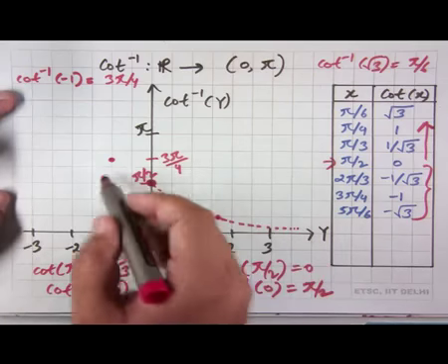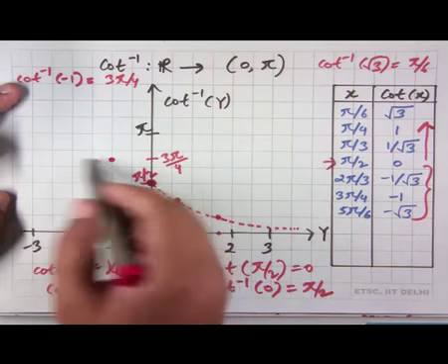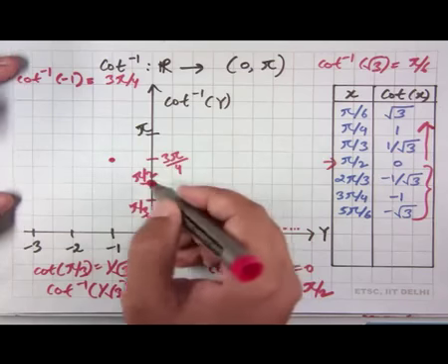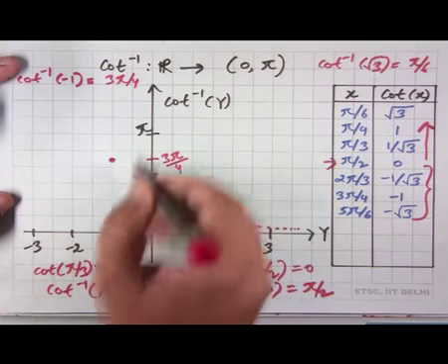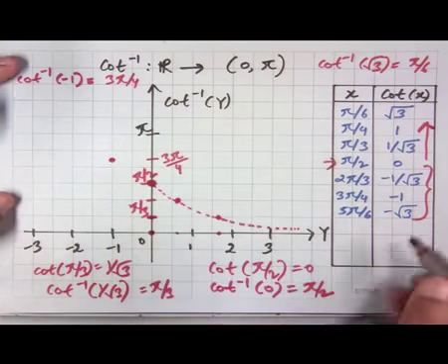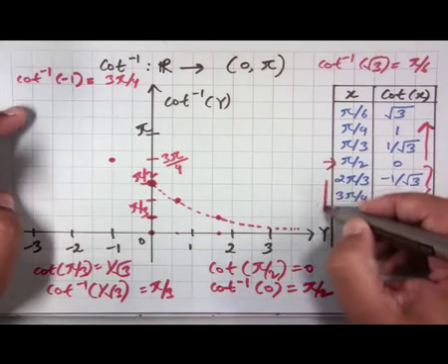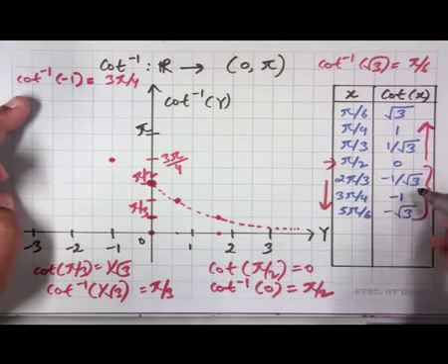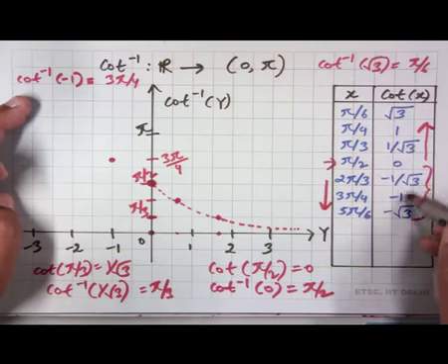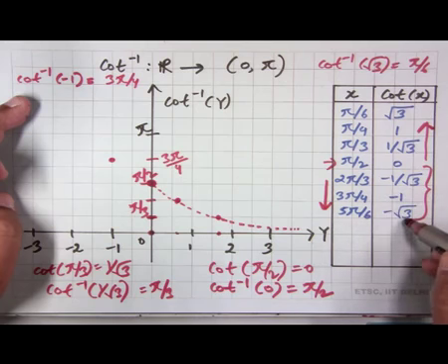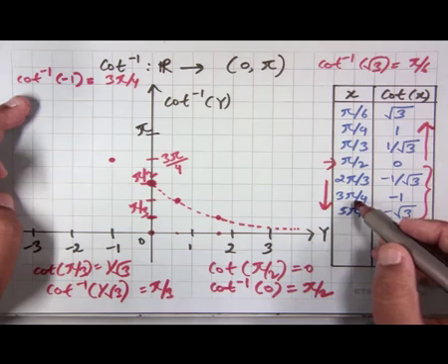And then for even more negative values, the value of the cot inverse function will go towards pi. So, now we are going in this direction. This is the value of y in this column. As y becomes more and more negative, from minus 1 to minus square root of 3, the value of x is going towards pi.